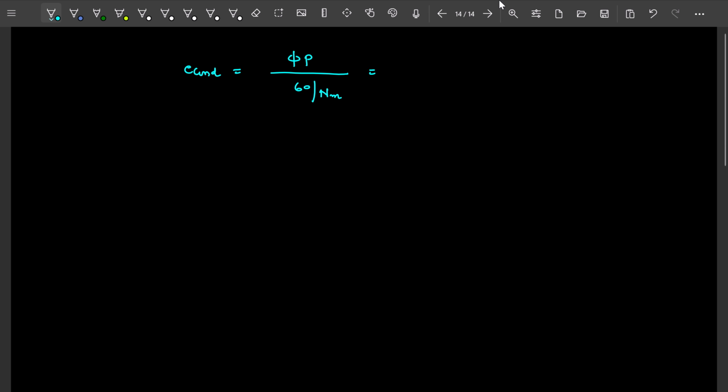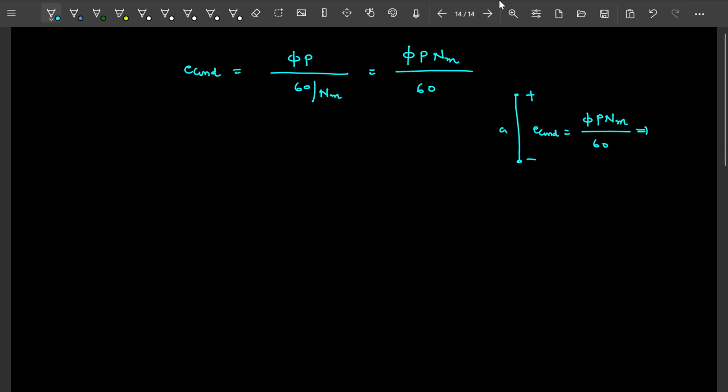So now you can write it as phi p Nm divided by 60. That is the conductor A here, like this. Across this conductor we are going to have a voltage E conductor. This voltage is nothing but phi p Nm divided by 60.